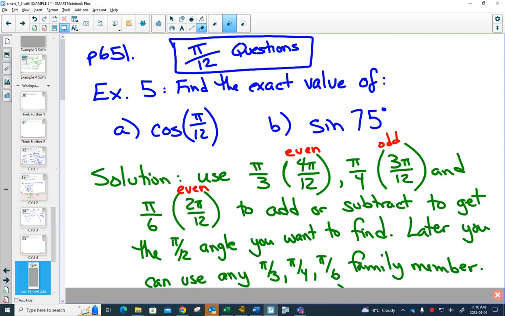I'm also going to hand back your pie plates so that you can use them while we do this. And in this unit, you will be able to use these pie plates on your test to confirm your answers.